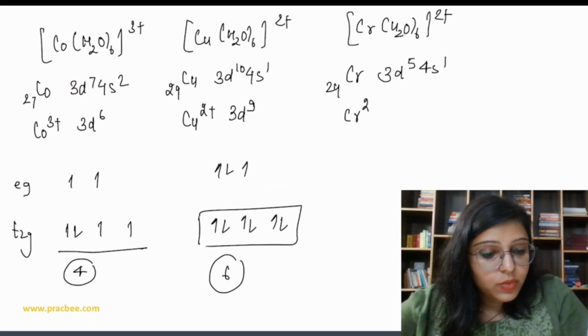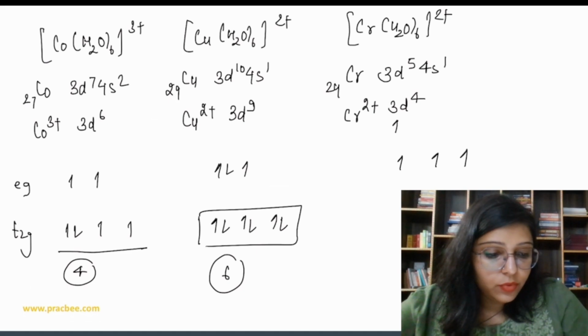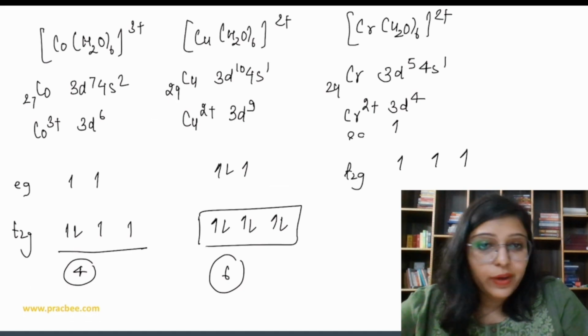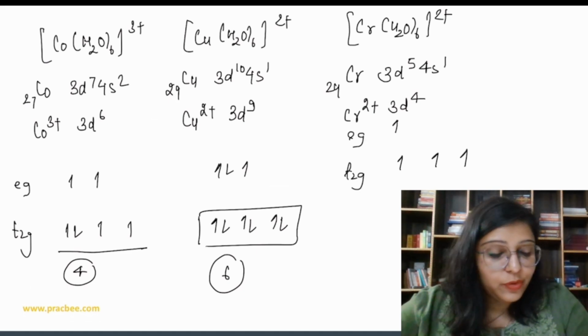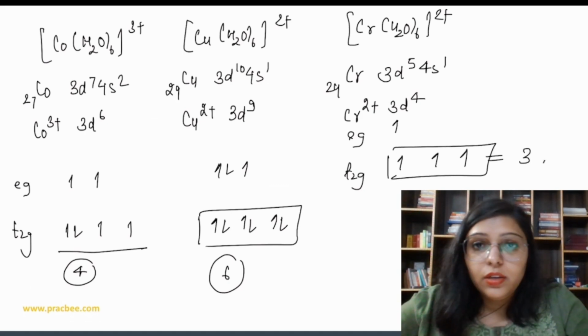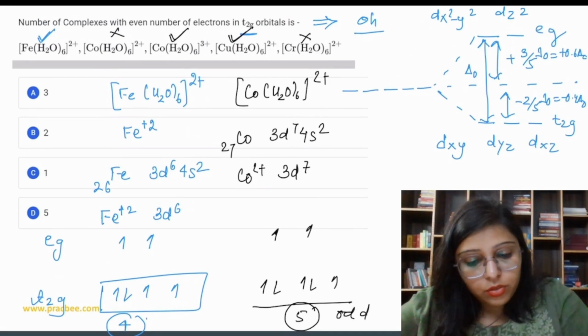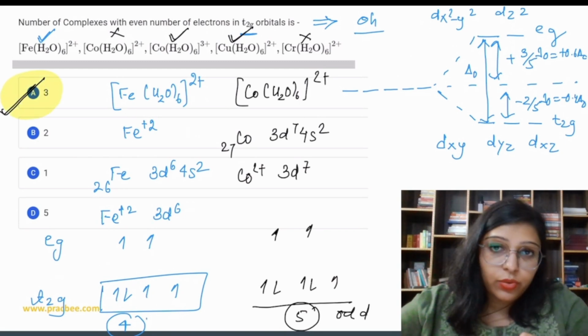So Cr2+ is going to be 3d4. We write t2g 1, 2, 3 and eg 4. Look, in eg we have to put the 4th electron. So here we have 3, and that's the odd one. So the number of complexes with even number of electrons is 3. The answer is going to be 3.